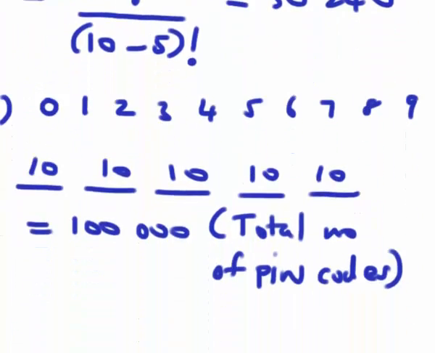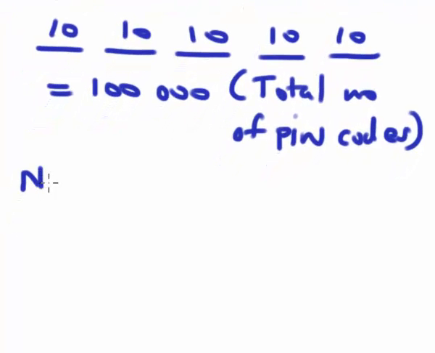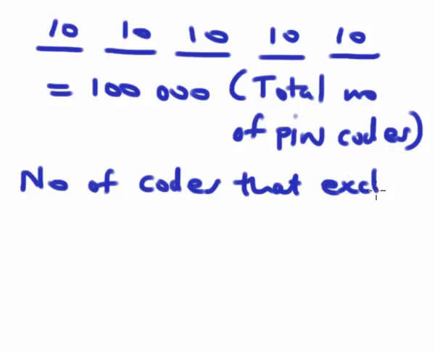So any code that we want to select must have a 9 in it. So we've got 100,000 total possible PIN codes that would have a 9 in or won't have a 9 in. But now what we want to do is look at the number of codes that exclude 9, that do not have the number 9 in it.